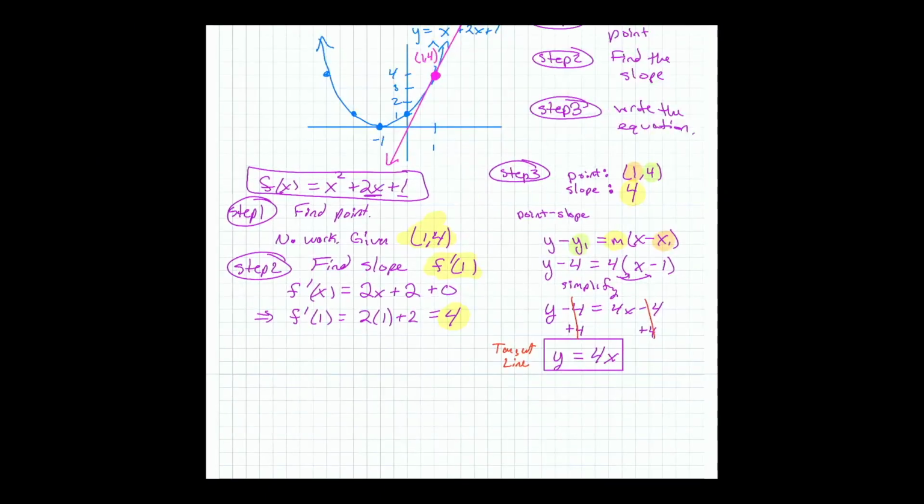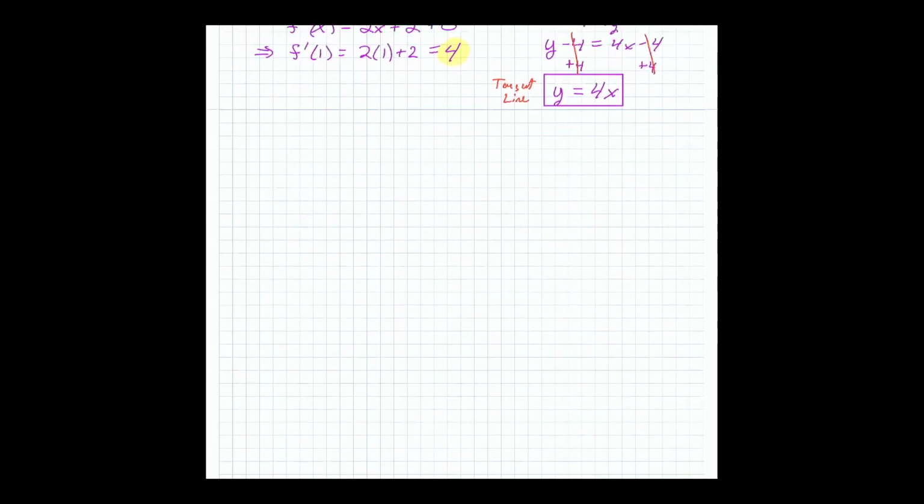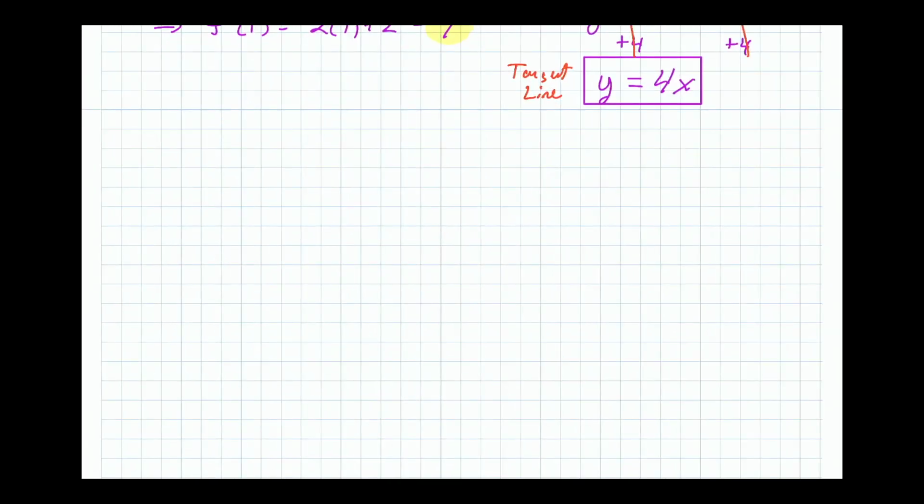All right. So easy peasy, but you got to go through the steps. All right. We're going to do one more. I'm going to say let f of x equal, I don't know, let's say 5x cubed minus 2x, right?